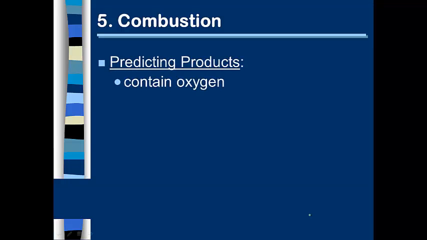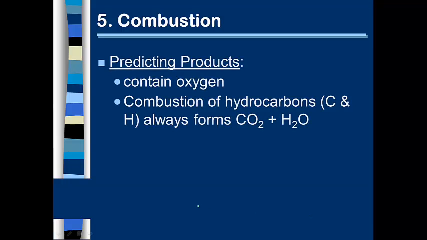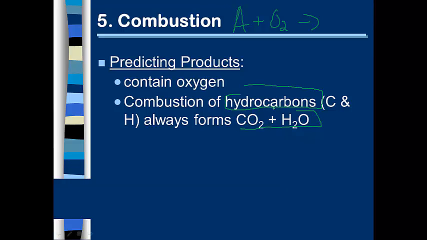Okay, lastly we've got combustion. Combustion, if you're predicting products, typically there's always oxygen, because remember, for oxygen we're reacting something with oxygen. Okay, now if it's the combustion of a hydrocarbon, your products are always going to be carbon dioxide and water. Always.